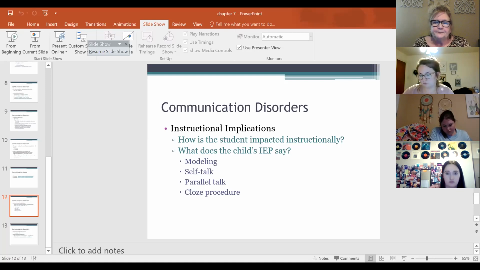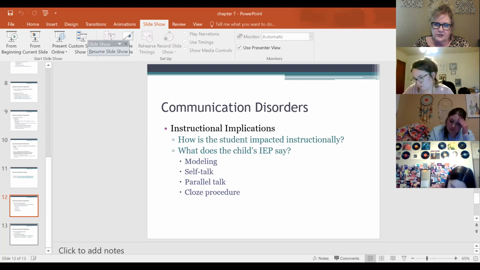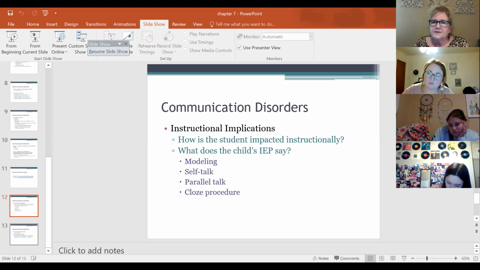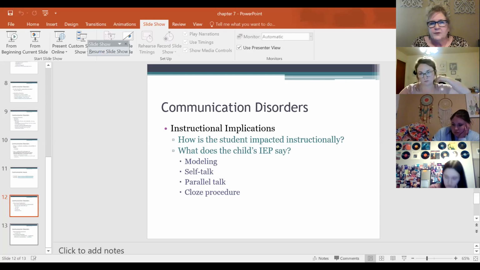And so you as the general education teacher or the special education teacher, or wherever you are in your career working with children who have difficulty communicating, are going to want to put some measures in place that help facilitate more successful communication. So you'll want to see what that IEP says. And it may say that you need to model appropriate communication. And of course, that's something we always want to do with all children.